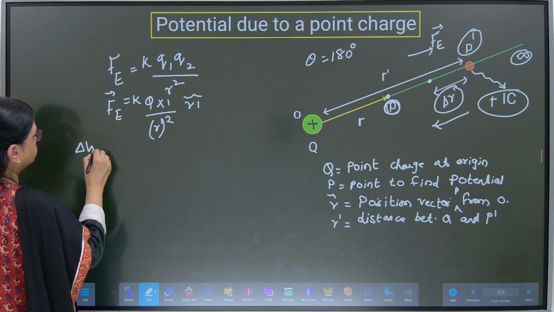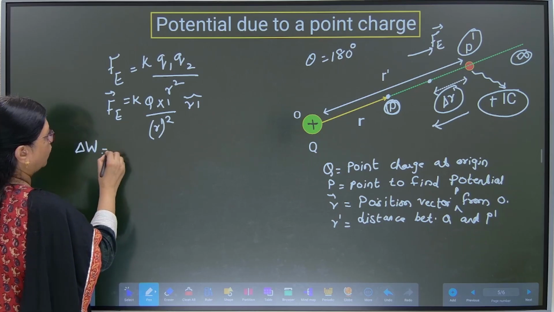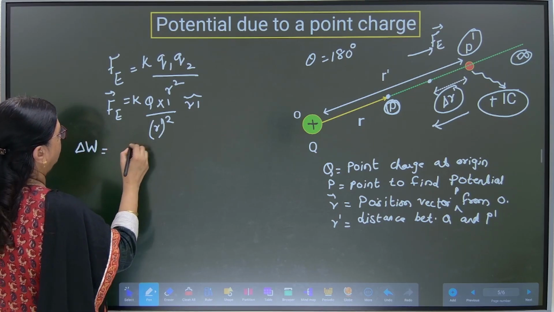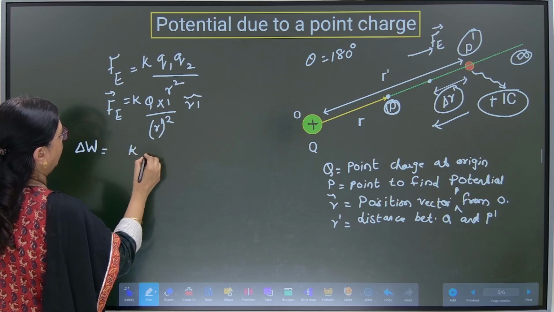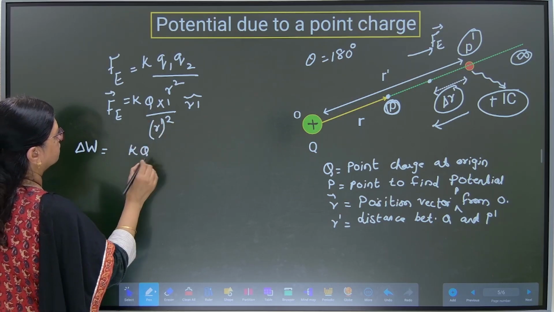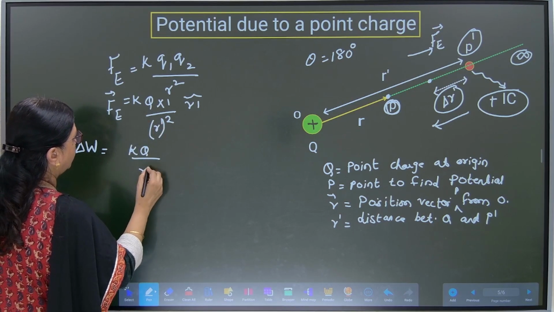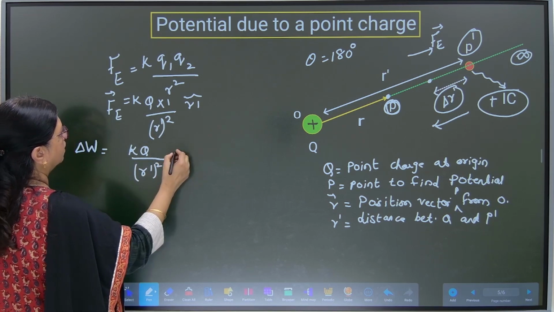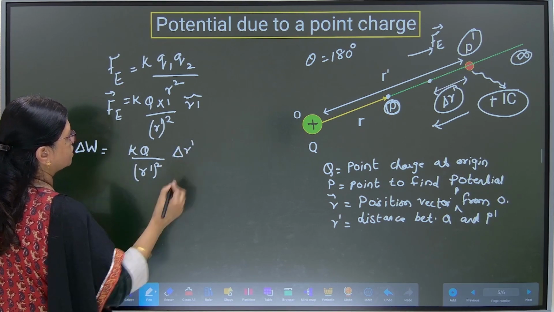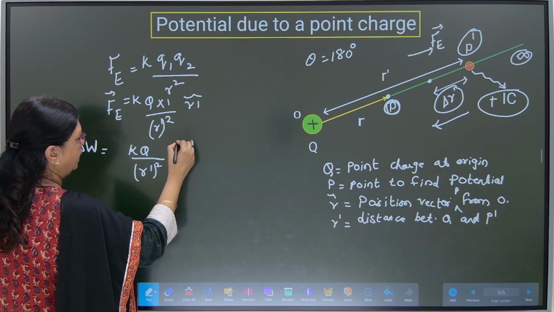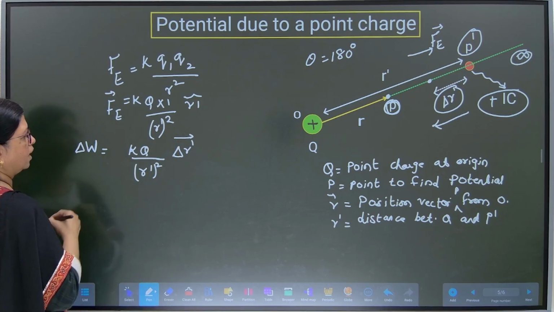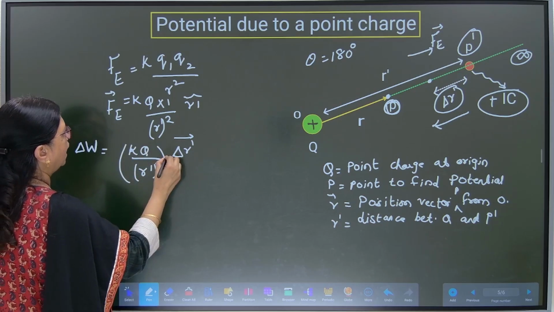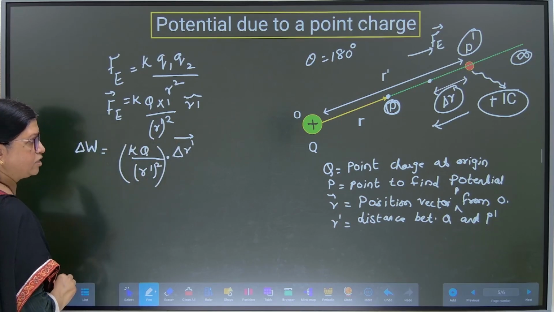Delta W is equal to this force, K Q into 1 is Q, upon R1 square, delta R dash. Agreed? And it is a dot product between the force and the displacement delta R dash.